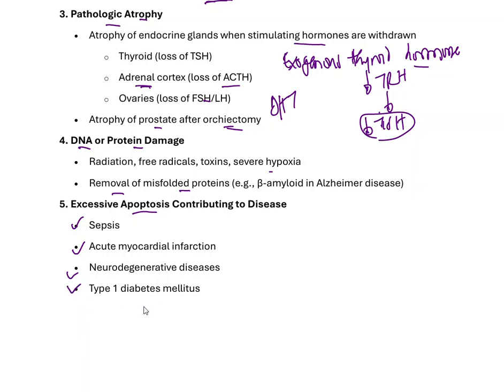And type 1 diabetes mellitus. Remember, type 1 diabetes mellitus is an autoimmune destruction of those beta cells, whereby your cytotoxic CD8 T cells are involved, causing what? Apoptosis of those beta cells. And that's why with type 1 diabetes mellitus, if you destroy the beta cells, there will be no beta cells to make insulin. That will lead to insulin deficiency.